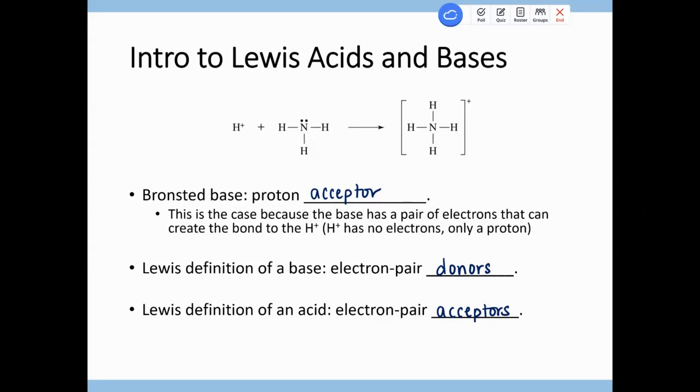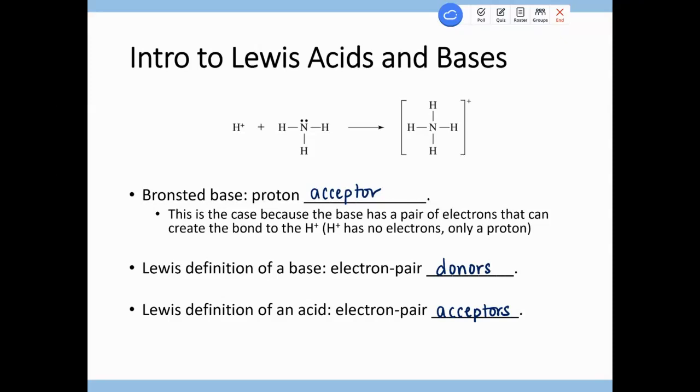Just like Bronsted bases, which have a pair of electrons that they can give away to a hydrogen, in the Lewis definition, bases have a pair of electrons that they can give away. It's just not specifically to a hydrogen in all cases. Lewis bases provide electrons to create a bond with the acid.